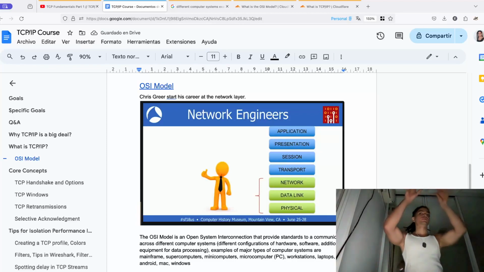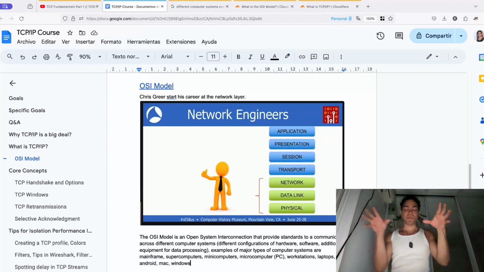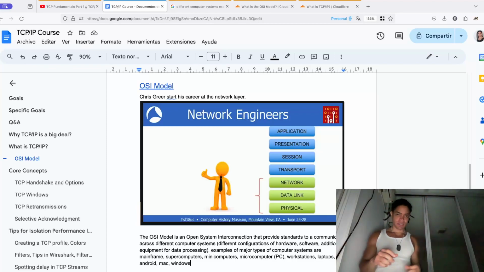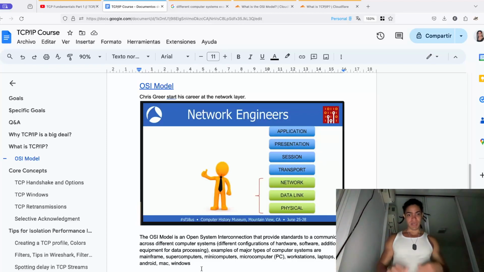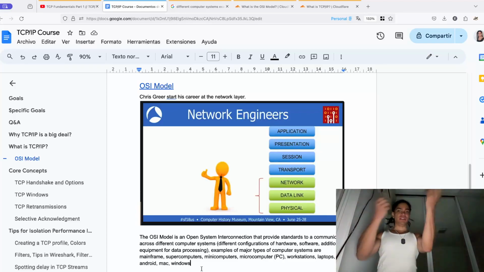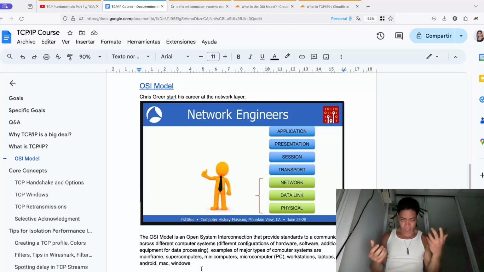But this difference, this hierarchy of computing processing power, gives a lot of context, especially when you need to find a way of how all of these different specimens, configurations of hardware, software, and peripherals, additional equipment, are combined together and how you can make them communicate with each other.